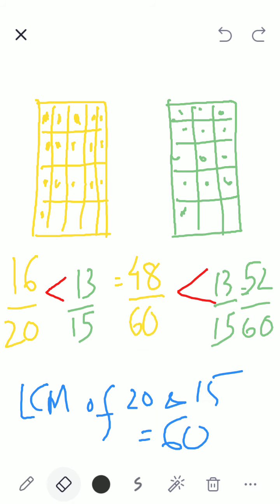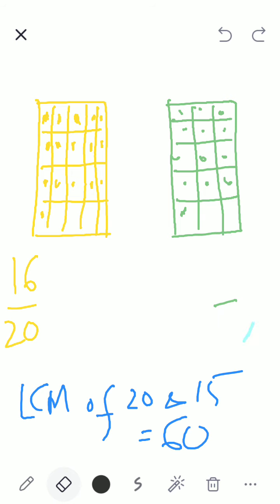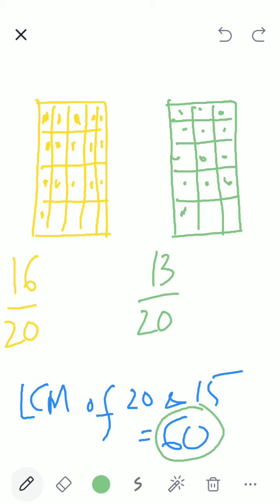I multiplied by what? Correct, 3. Wait. What is the LCM of 20 and 15? 60. So I want to get denominator 60. Why?